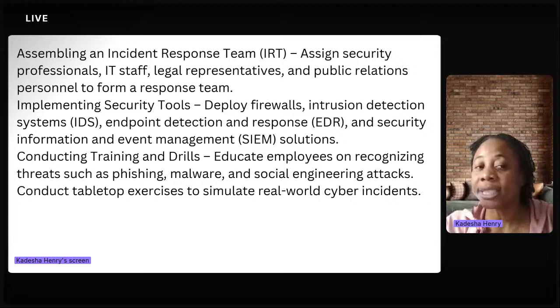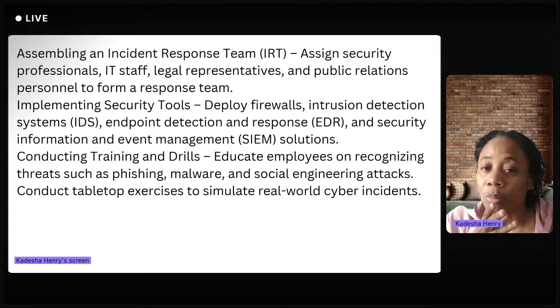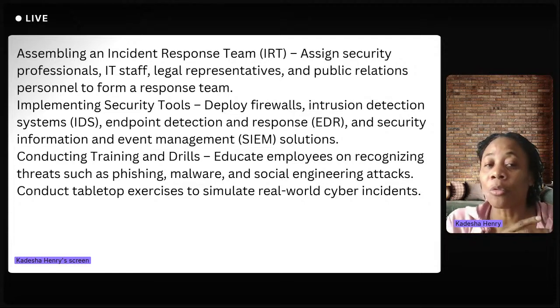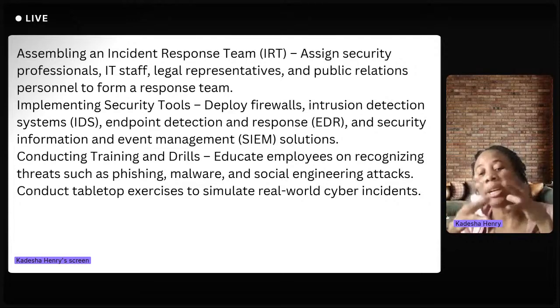We're going to assign to that team in the preparation phase security professionals, IT, legal representatives, and public relations people, personnel to form the response team. So right here in the preparation phase, we're doing all of this.